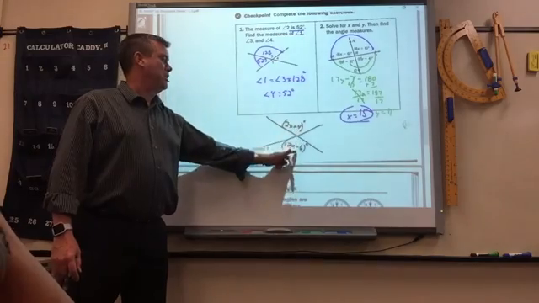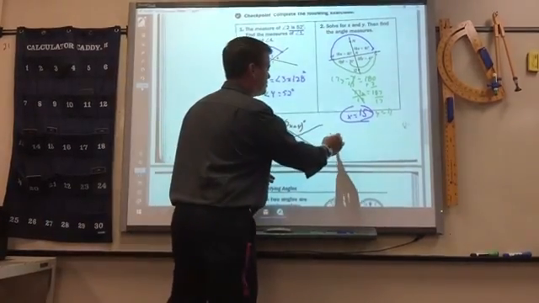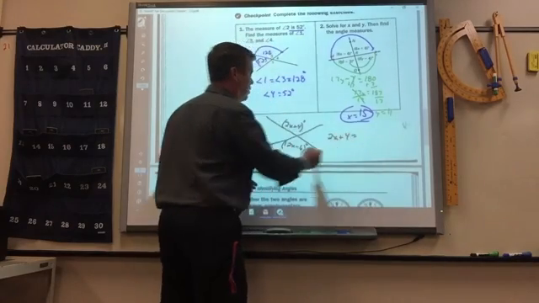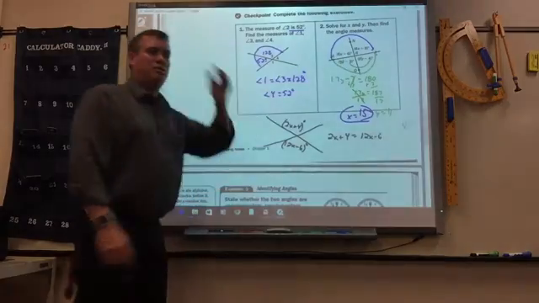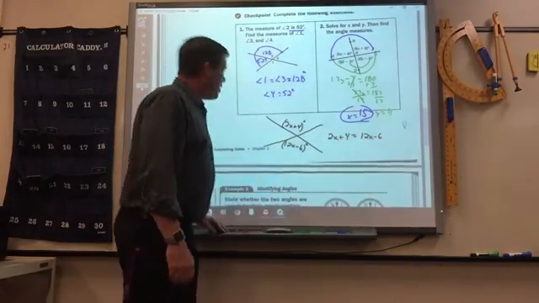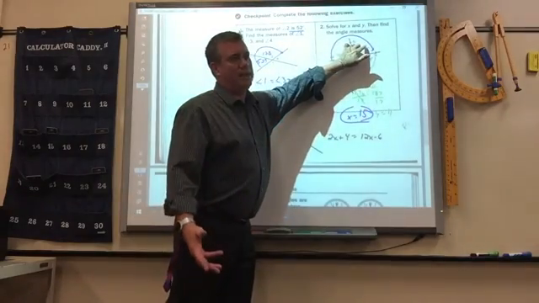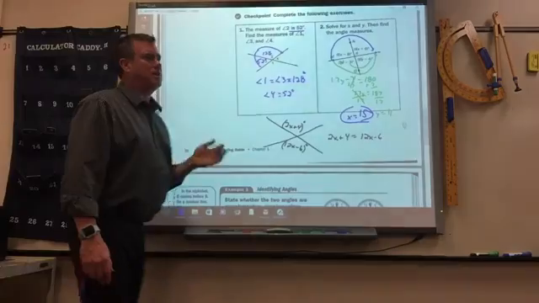What do you know about these two angles? They're the same. They're equal. So then you would say 2x plus 4 equals 12x minus 6, and then you solve it just like the equation we solved yesterday. In all the geometry, they're either going to add up to equal 180, sometimes 90, or they're going to be equal to each other. Those are the only two types of equations you got to solve.